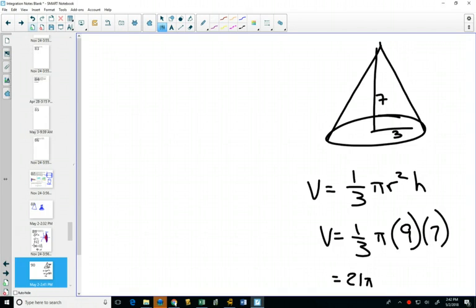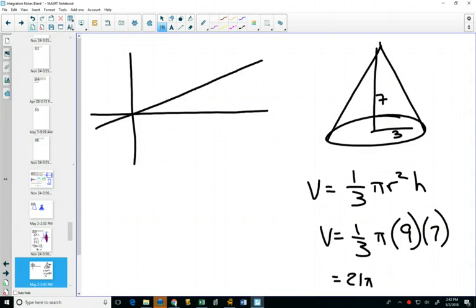I'm going to take this cone on my x-axis here. I'm going to draw a line with this equation: y equals 3/7 x. So if I decided to, at 7, put a point, where would this point be? At 3. Agreed? (7, 3).